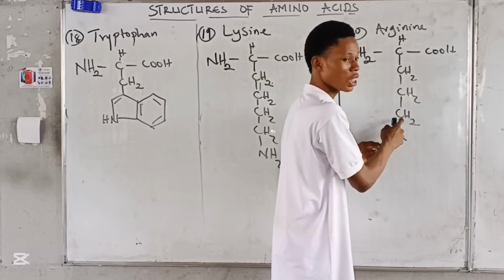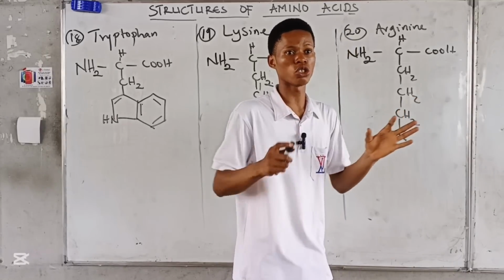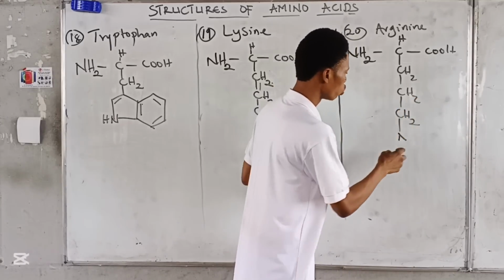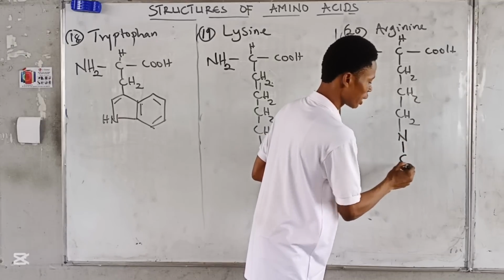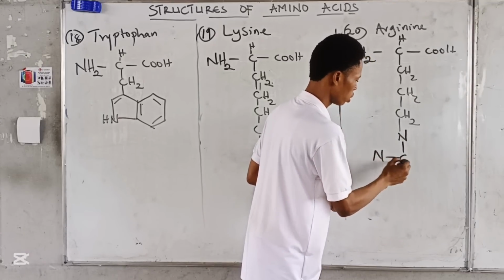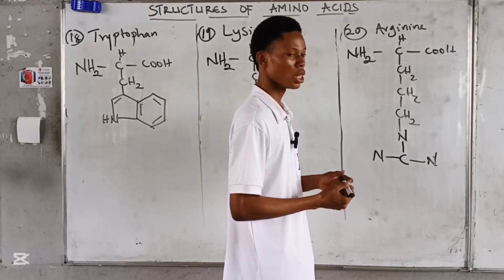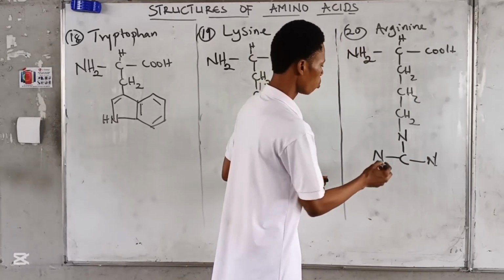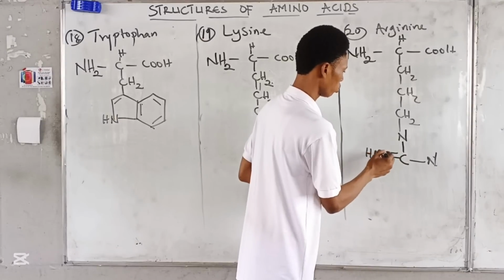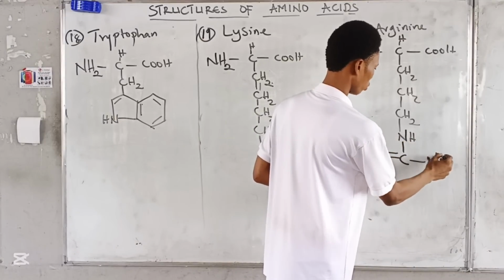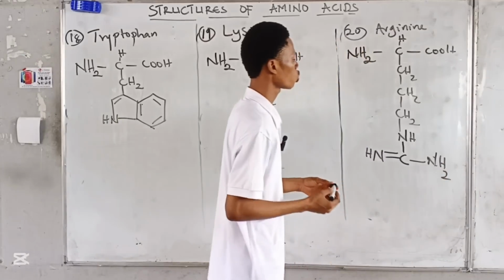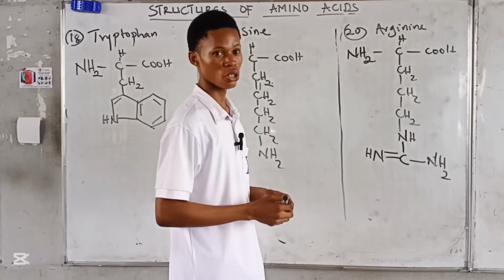So 1, 2, 3, instead of the 4th one, the last carbon all round you shield it with amino group. So you have the carbon is here, right? You are shielding it with amino group. But one of them is an imine. This is the structure of arginine. Did you guess it right?